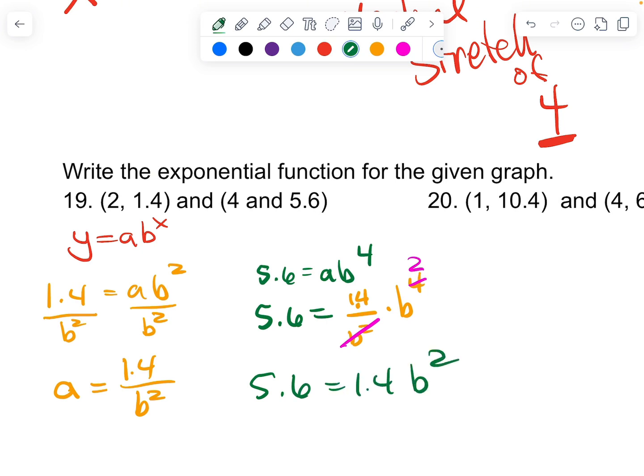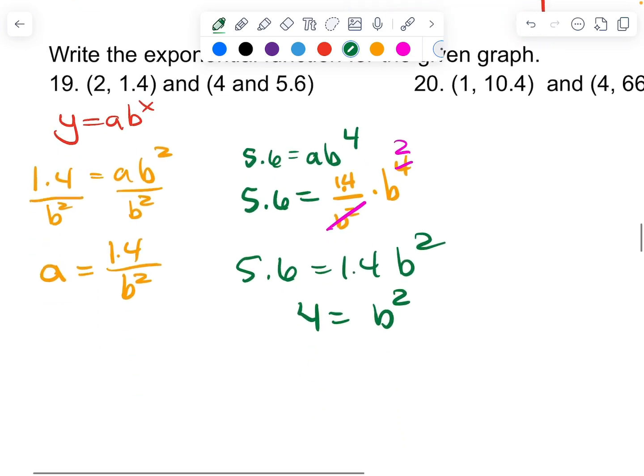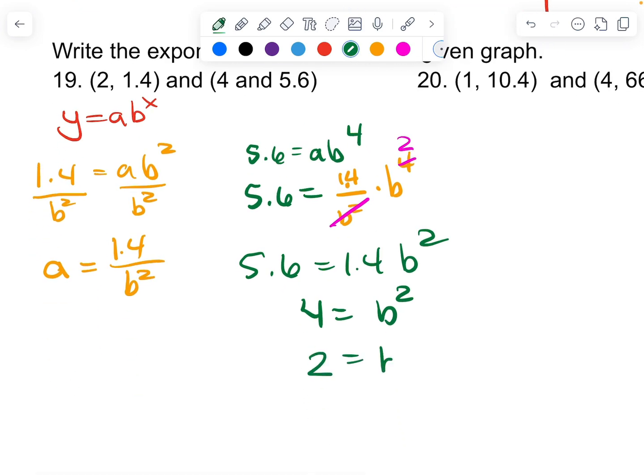And if I take 5.6 and I divide it by 1.4, I'm going to get 4 is equal to b squared. So we just want the positive. So b is equal to 2. So if I take this and I plug it back into the original, 1.4 equals a, my b value is 2, we're going to square it.